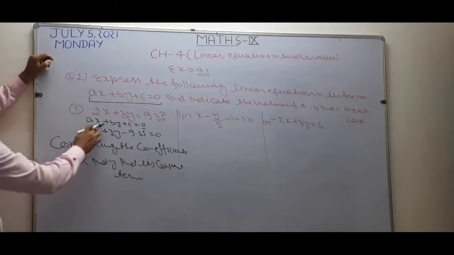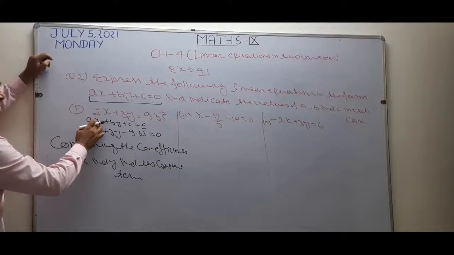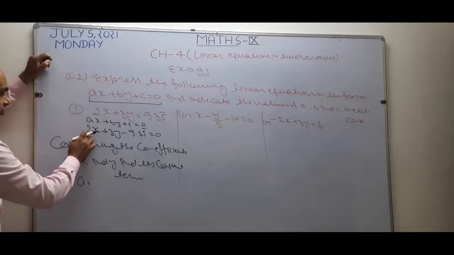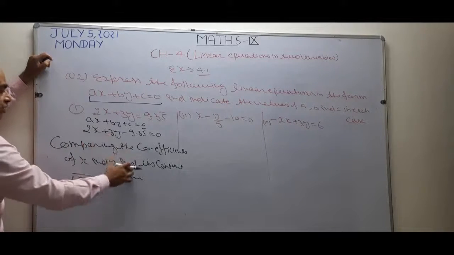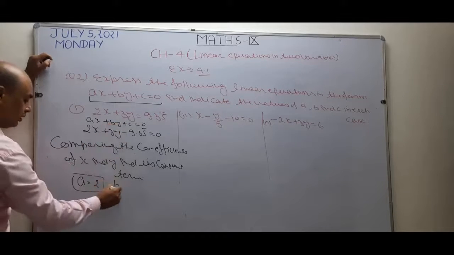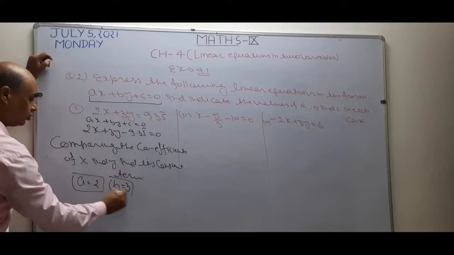When I compare the coefficient of x, here the coefficient of x is a. In the given equation the coefficient of x is 2. So the value of a becomes 2. Now I compare the coefficient of y. In the standard form the coefficient of y is b. In the given equation the coefficient of y is 3. So b equals 3.